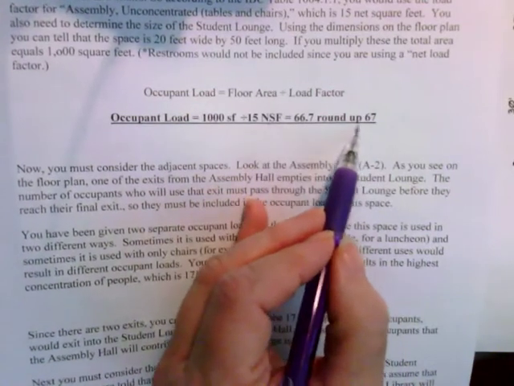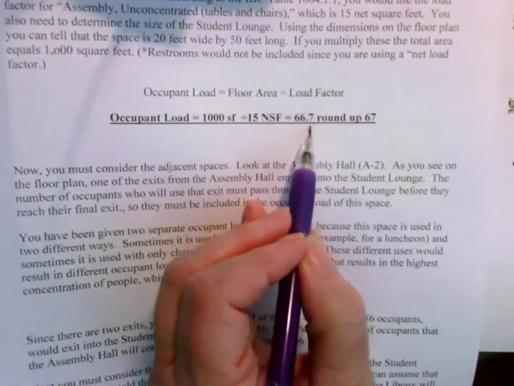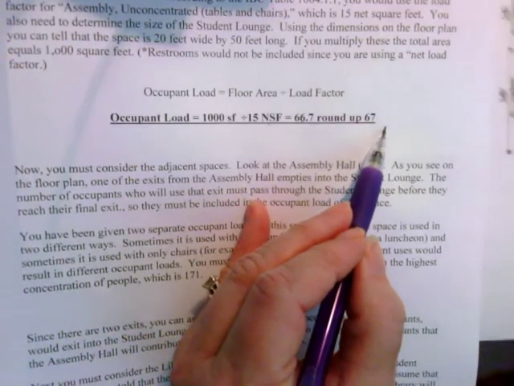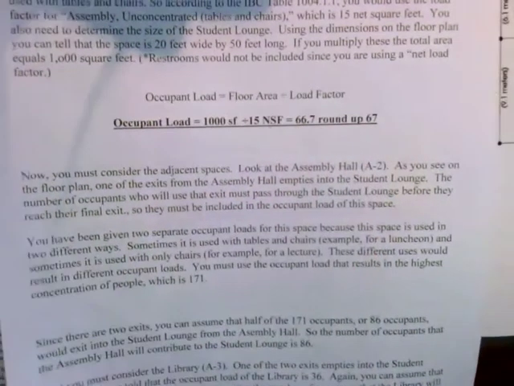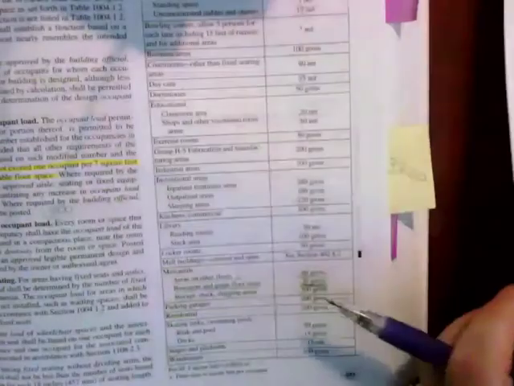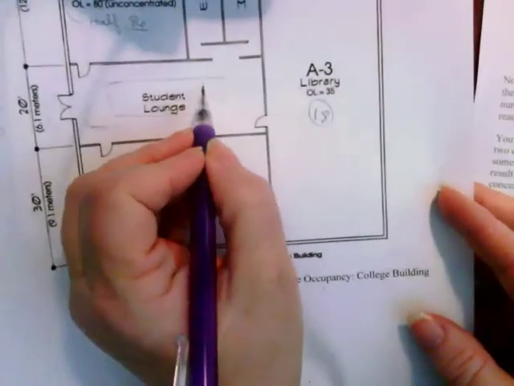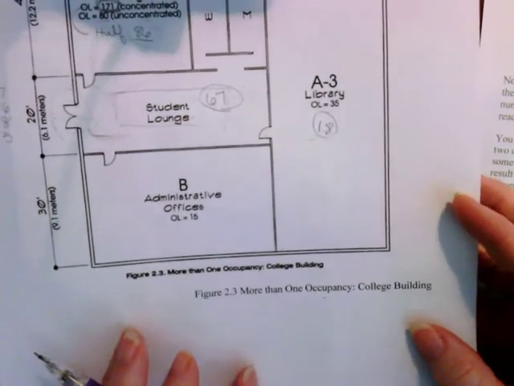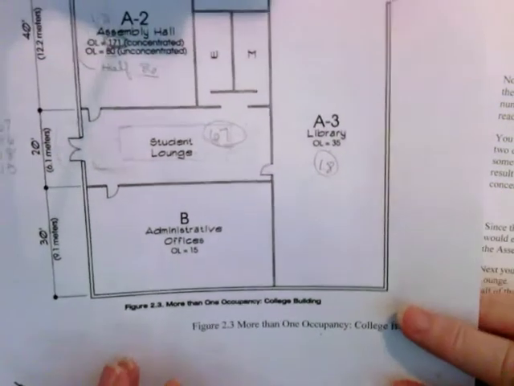That comes to 66.7, but we're going to round it up to 67. So that means we have 67 people as an occupant load in this particular area.